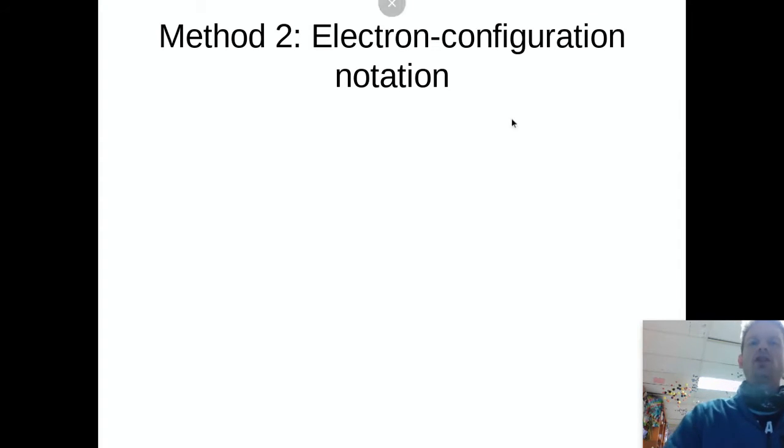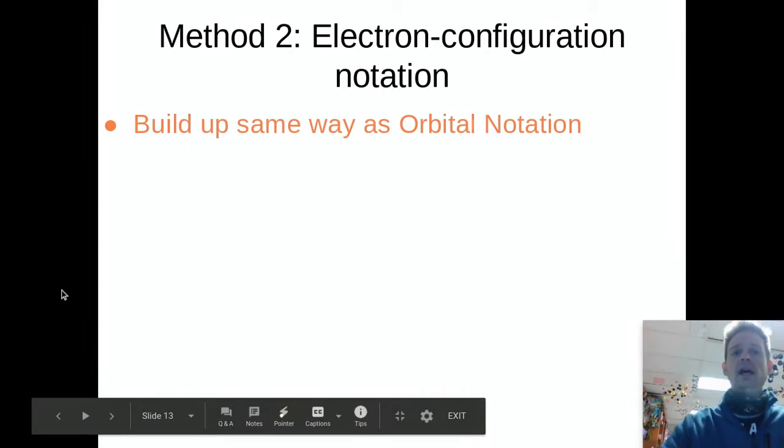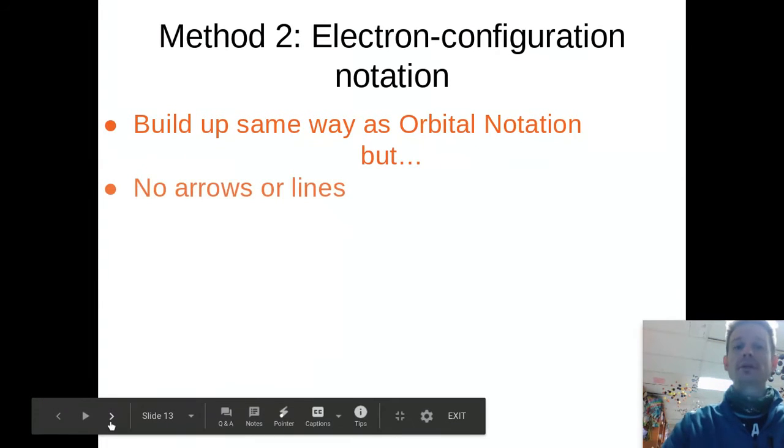But today, with the three methods that we're going to take a look at now to make it even more simple, there's also things you have to understand in order to make sure you got it right. All right. And so electron configuration is built the same way as orbital notation, right? We start at the beginning and we build up. We use Aufbau. The problem is all of a sudden we get rid of the arrows and the lines.